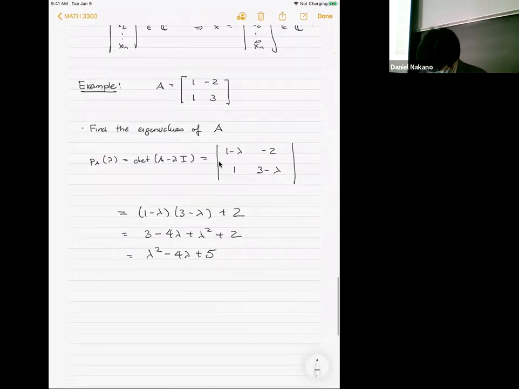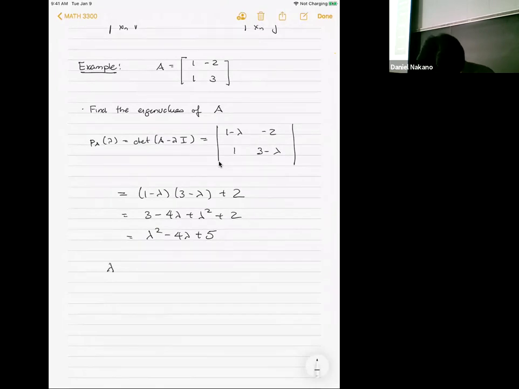All right, let's write the quadratic formula out. Minus b is 4, plus or minus the square root of b squared, which is 16, minus 4. A is 1, C is 5, over 2. It doesn't factor.